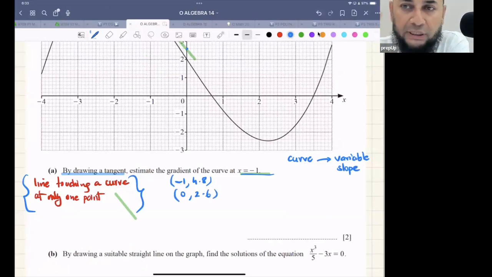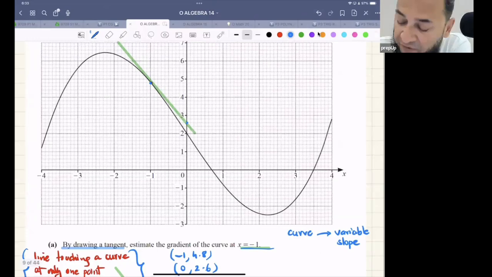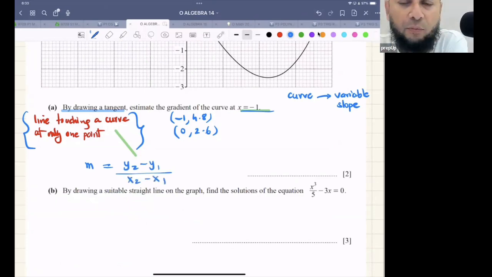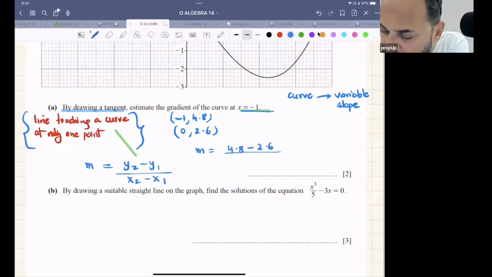So I took 2 points on this line and let me find the gradient. The formula for gradient is change in y, y2 minus y1, over change in x, x2 minus x1. This is from coordinate geometry. Maybe you have studied a bit of it. I haven't taught it as yet. We will soon be going to coordinate geometry. So therefore the gradient is 4.8 minus 2.6 divided by -1 minus 0.